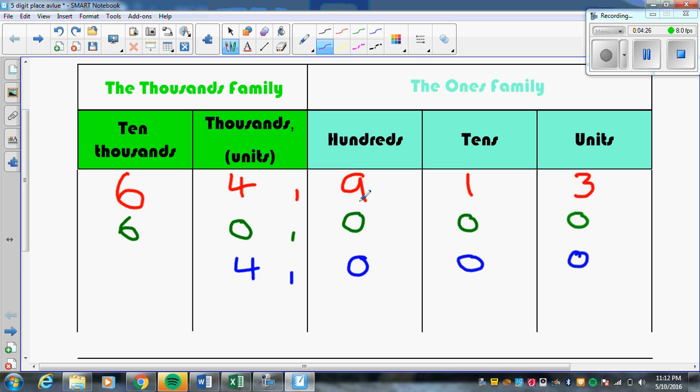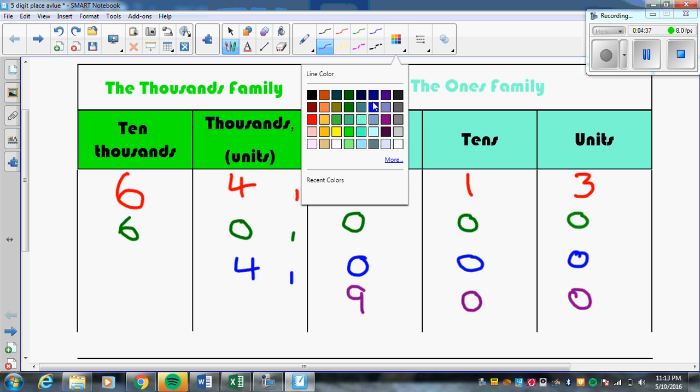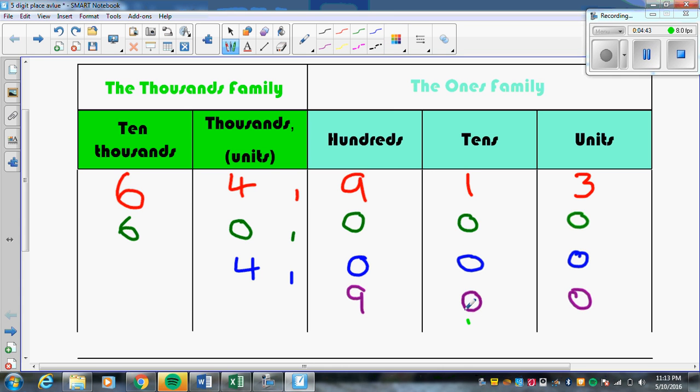Come down here into the hundreds, I have 9 lots of 100, so I put 9 there and fill out the rest with zeros. Okay, running out of colours, aren't I? Let's have a light green. Okay, tens column, I've only got 1 lot of 10. So that's pretty straightforward. I put the 1 there and fill it out.